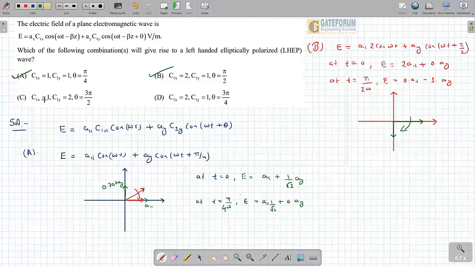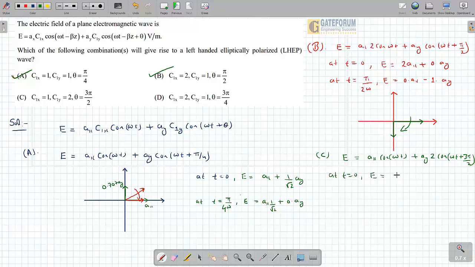Now coming to option C. I can write E directly. E is Ax cos omega t plus 2Ay cos omega t plus 3 pi by 2. So at t equal to 0, let's see first what the equation is.